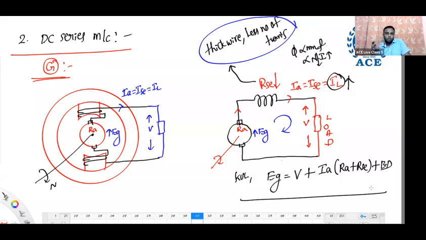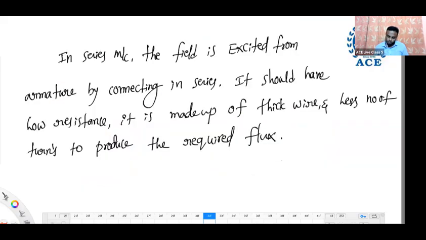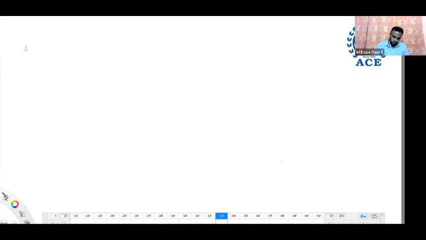Now if it is a motor, write the equation for the motor. If it is a motor, draw the second figure only and reverse the direction of the current. Next, the series motor.